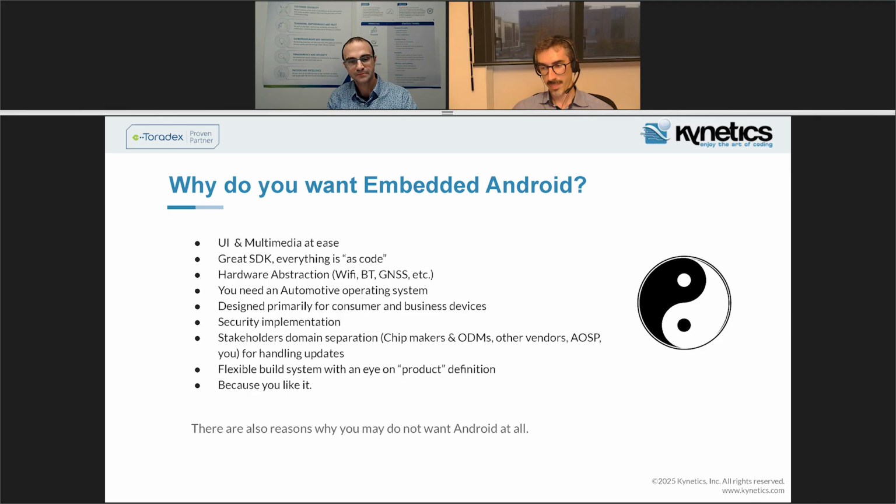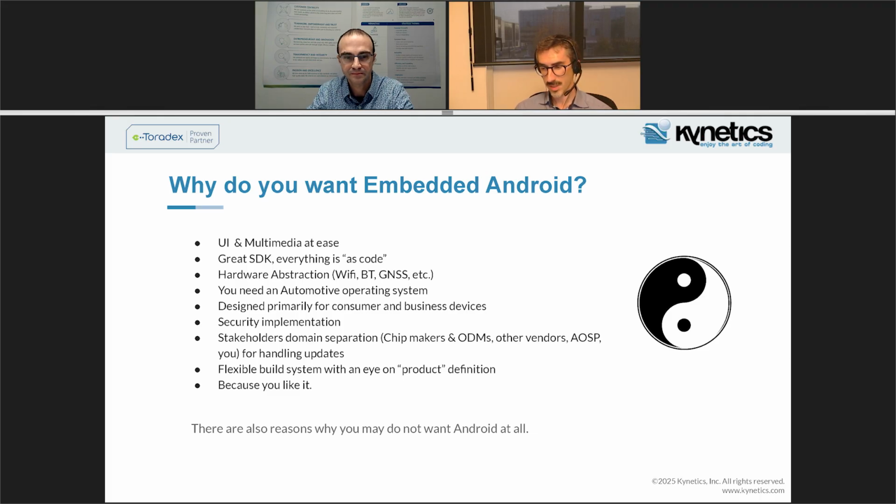So we can think of all the good applications that are developed for Android smartphones. You can have pretty much the same great user experience when developing an application for an embedded Android device. That's probably the first thing that comes to mind.